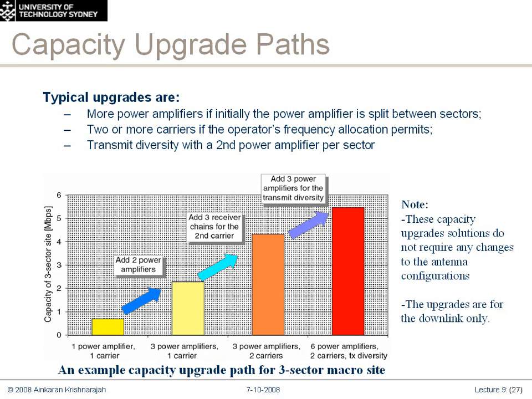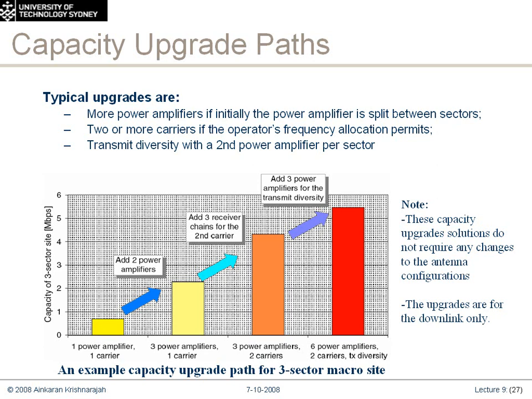The reason you add more power amplifiers is to move into the second carrier. By adding a second carrier, we end up with a new code tree, which gives us more capacity for downlink data and uplink data as well. If you think of each carrier frequency as a separate code tree, adding more carriers will give you more code trees, therefore more capacity. In order to power the second carrier, you need another set of 3 power amplifiers.